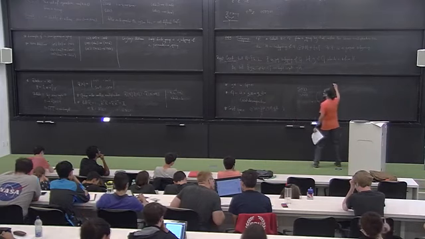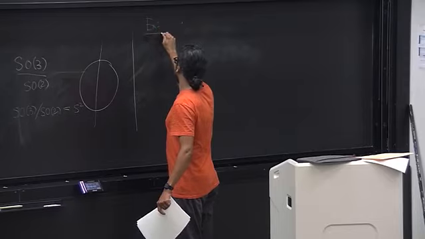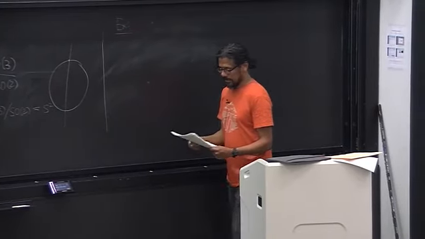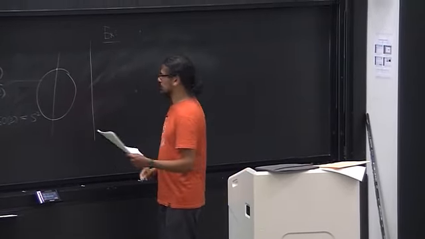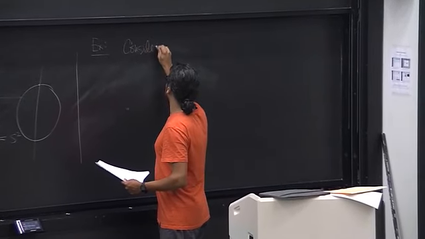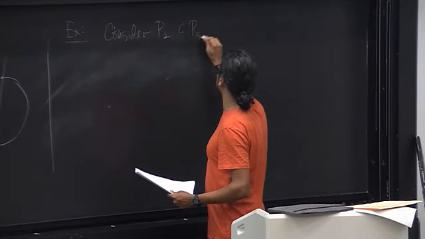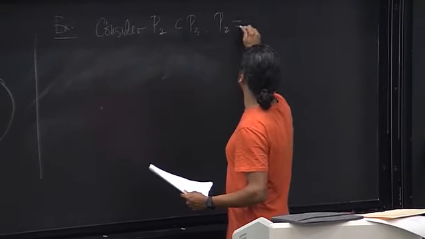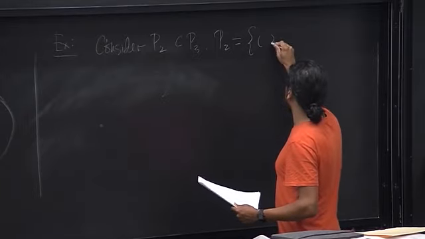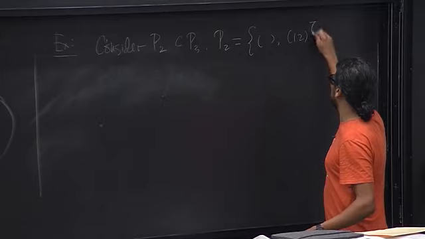So I give an exercise for you to do at home. I'm not gonna check it. So consider P2, which is a subgroup of P3, and P2 say consists of the identity element and the (1,2) element.